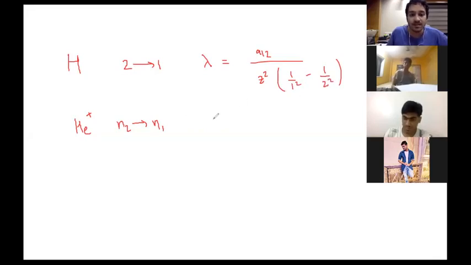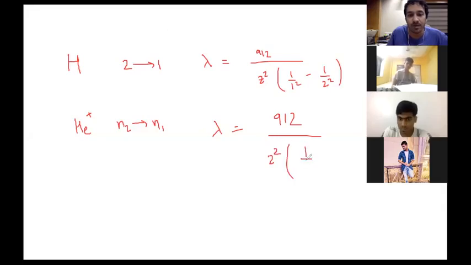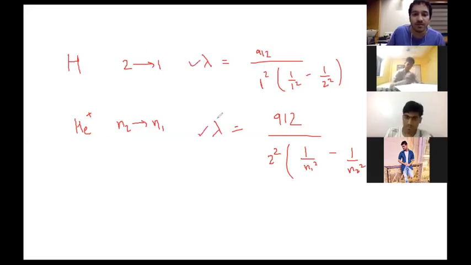Now in helium plus, the wavelength will be 912 upon Z के बदले 2 लगाना होगा, 2 square, 1 by N1 square minus 1 by N2 square. And in case of hydrogen, this Z is how much? This Z is 1, this is 1 square. Now, if these two wavelengths have to be the same, I will do a small modification here.